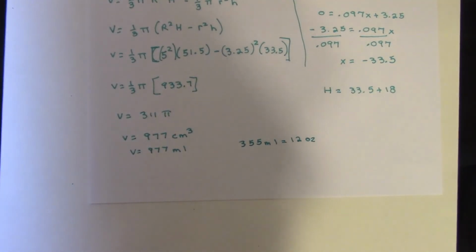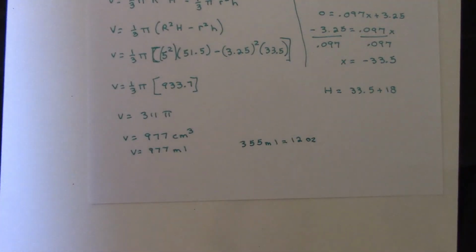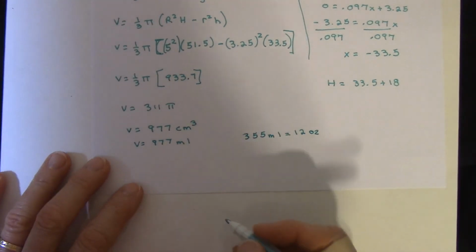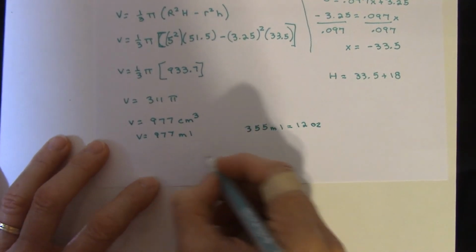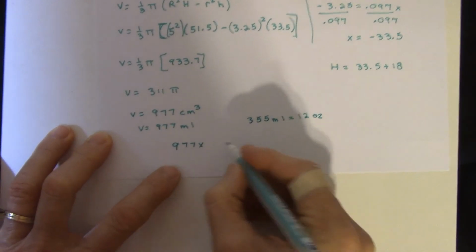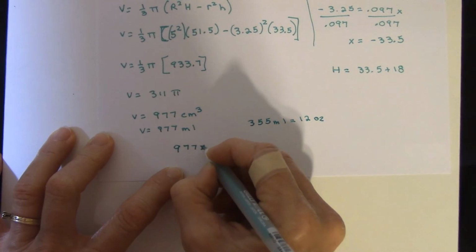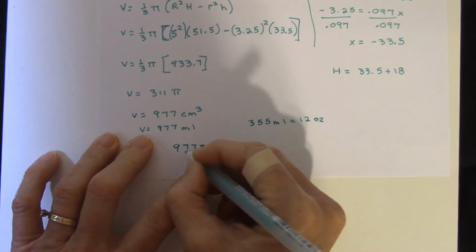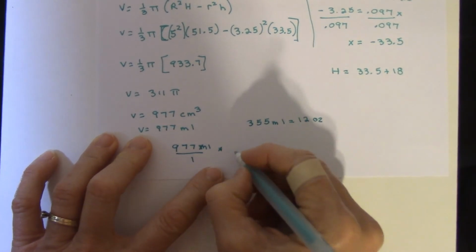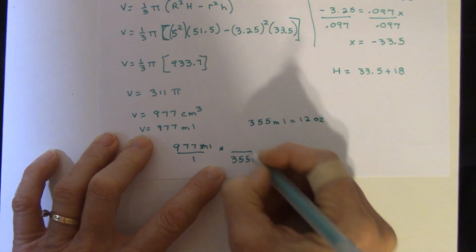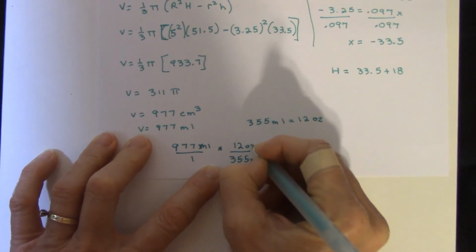So I can do 977 milliliters times, putting the milliliters on the bottom and 12 ounces on the top, divided by 355.